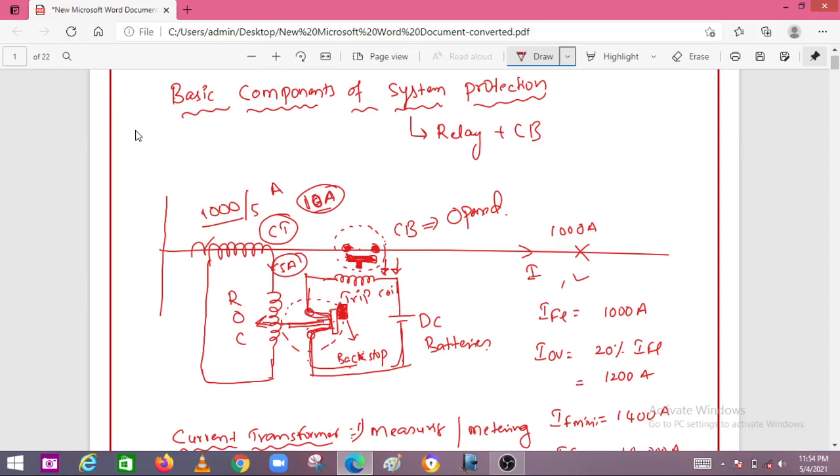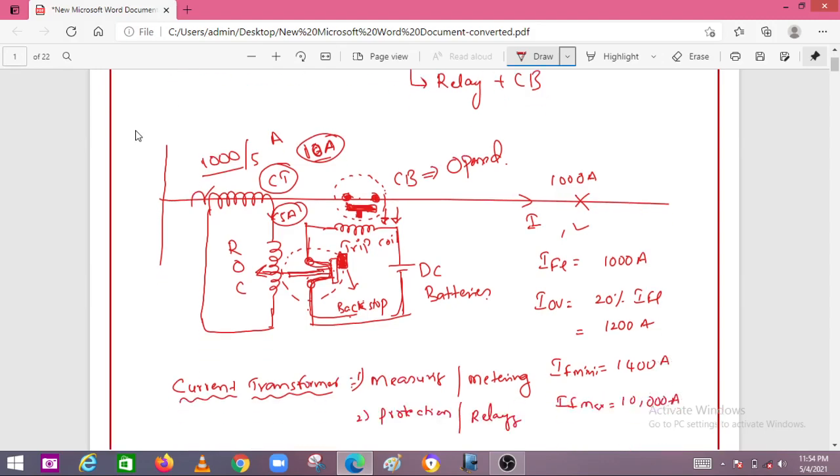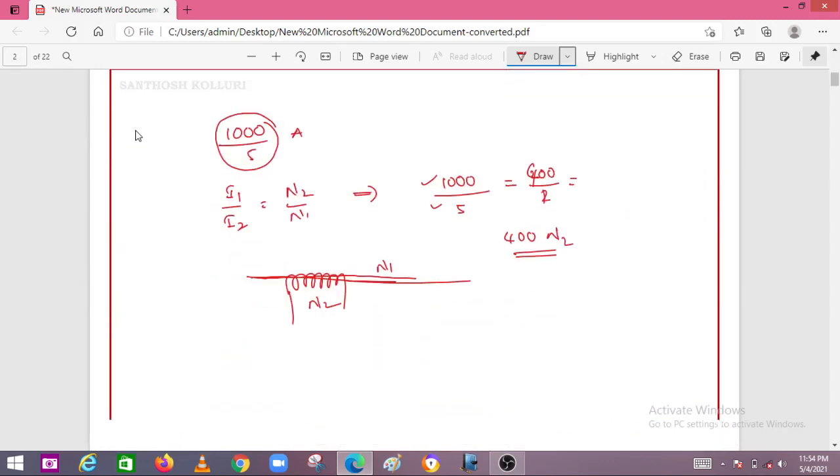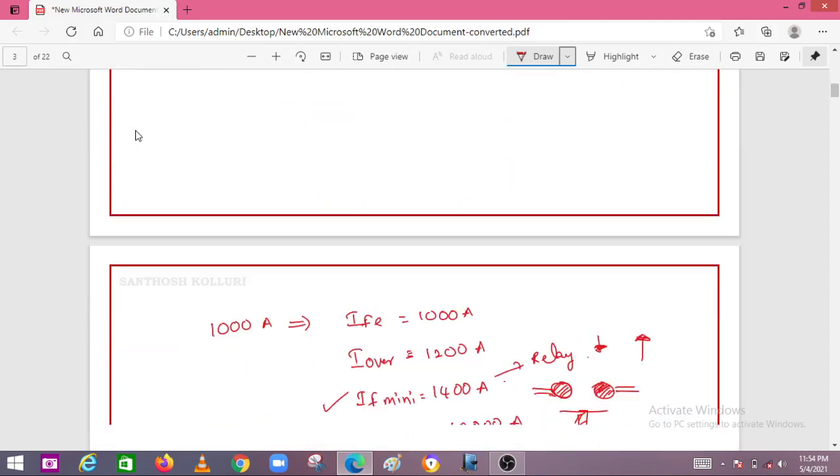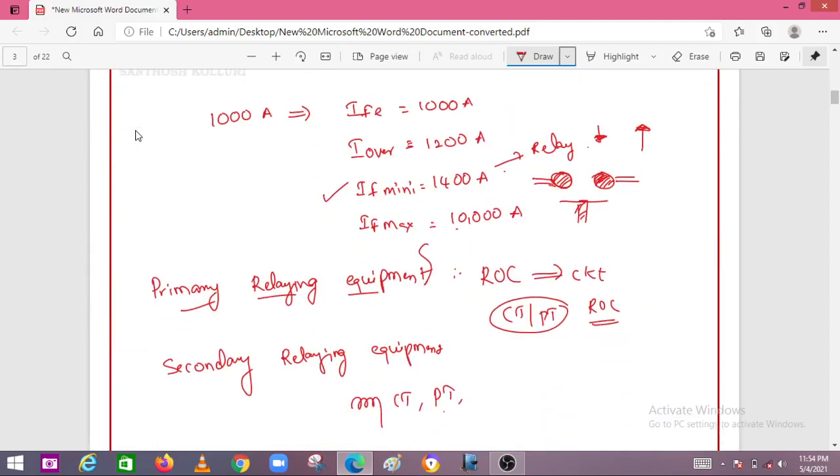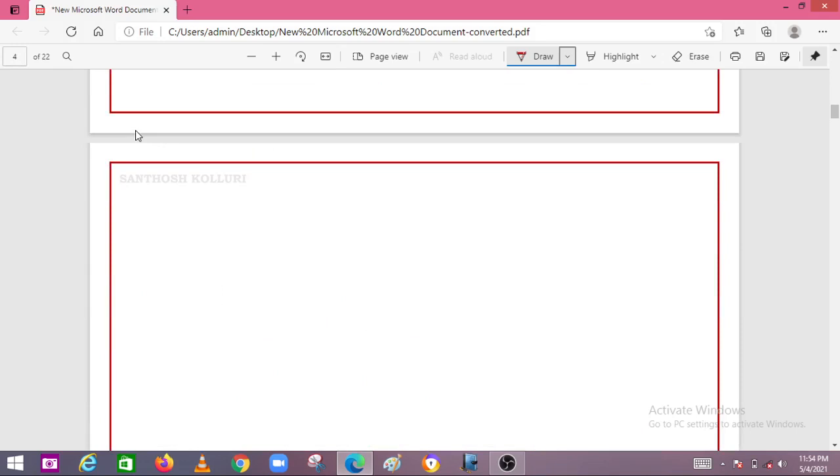And coming to the CTs, current transformers, we have two types of CTs as we discussed just now: metering CT and protection CT. There are some small concepts related to this. First of all, the metering CT.